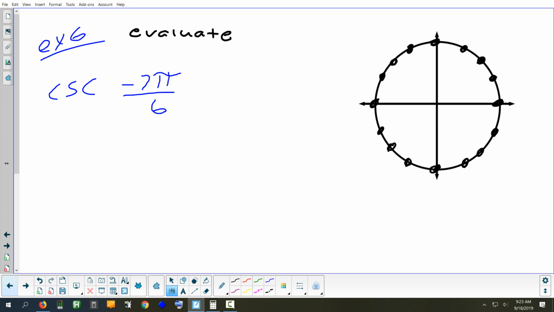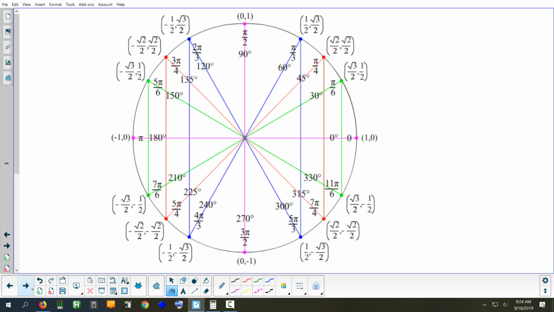Now, I've got a diagram I'm going to put up that shows the triangles drawn for every single coordinate at the same time. It looks a little confusing when you draw everything at the same time, but I just want you to see the patterns. If you look at the red triangles, every one of them is a 45. They're all root 2 over 2.